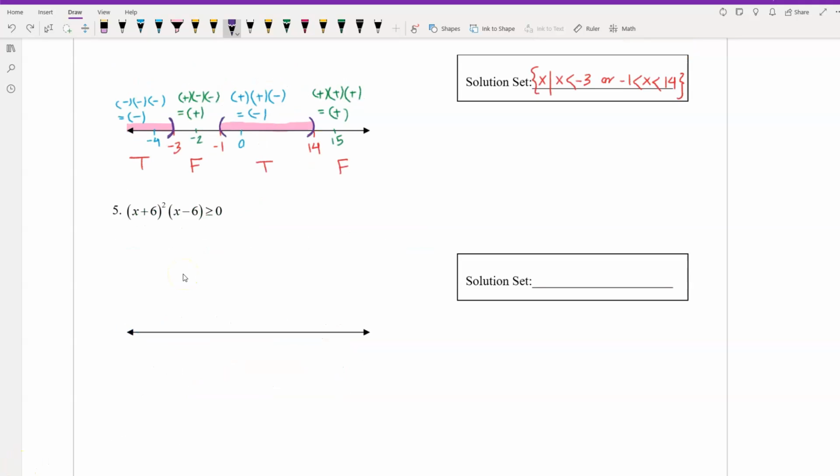Another example, we have x plus 6 squared times x minus 6 greater than or equal to 0. So here on this part we should have positive. First solving for x, we have x plus 6 squared, so that is x plus 6 times x plus 6 and times x minus 6 greater than or equal to 0.